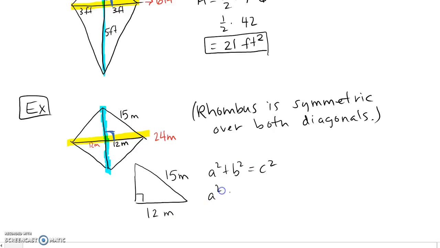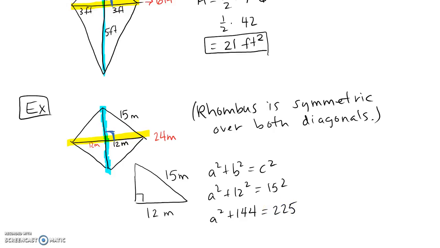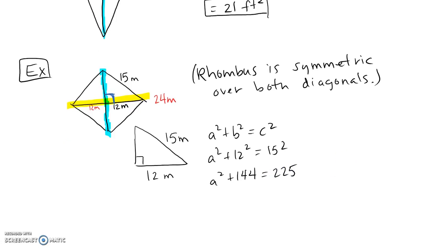A squared plus 12 squared equals 15 squared. 12 squared is 144. 15 squared is 225. So I need to subtract to find the other square. I get a squared equals 81.